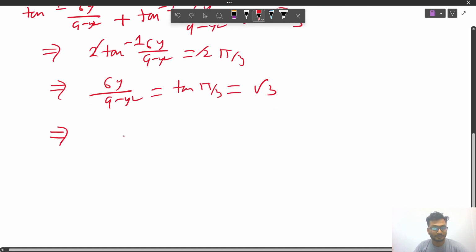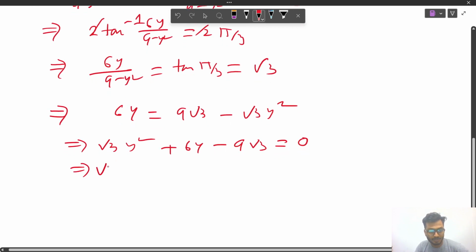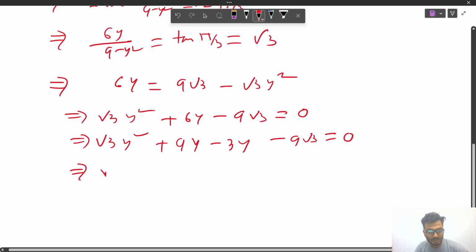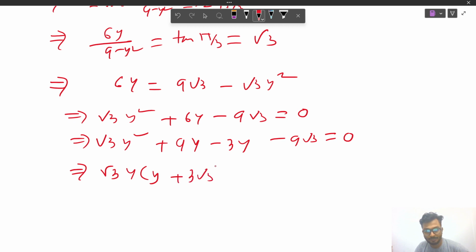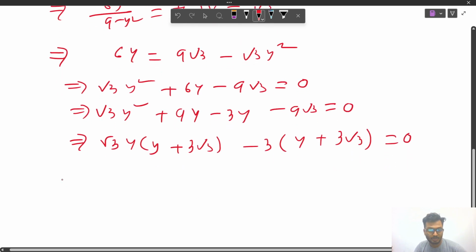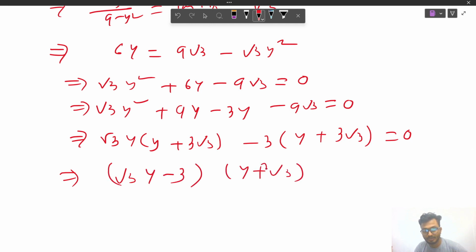This implies 6y equals 9 root 3 minus root 3 y square, so root 3 y square plus 6y minus 9 root 3 equals 0. We can write it as root 3 y square plus 9y minus 3y minus 9 root 3 equals 0. Taking common factors, we get (root 3 y minus 3)(y plus 3 root 3) equals 0.